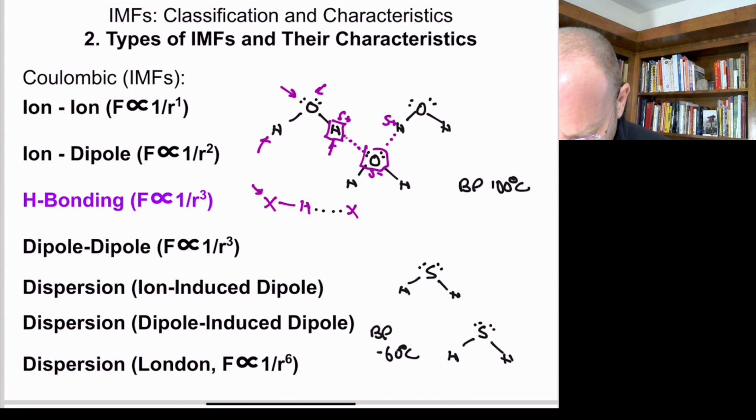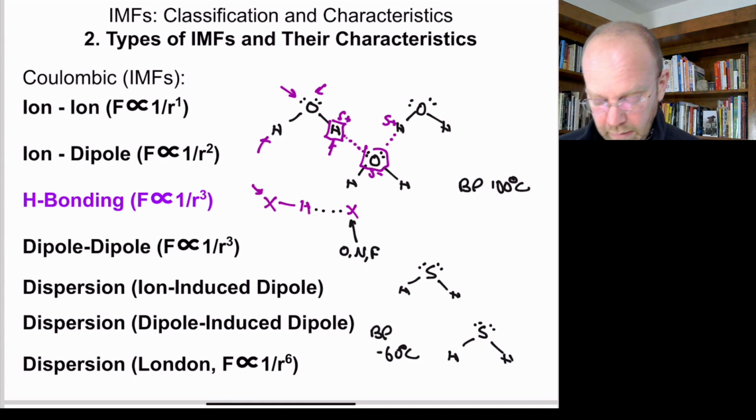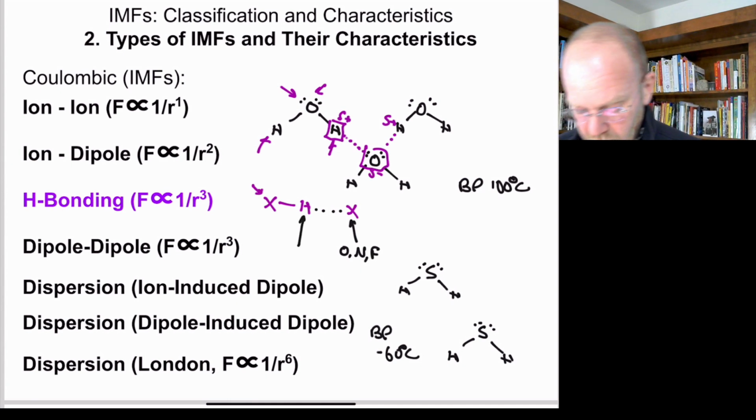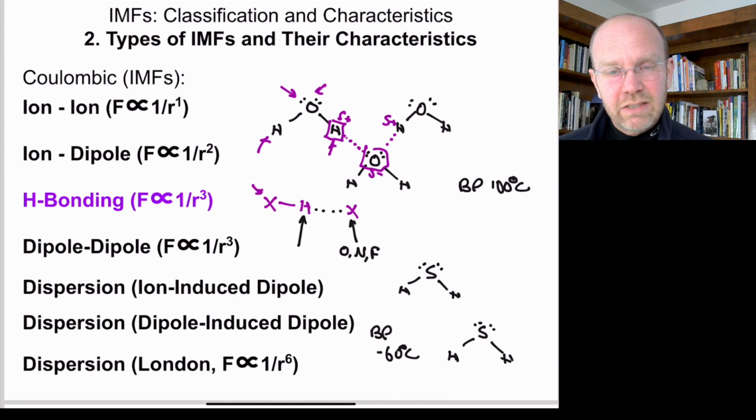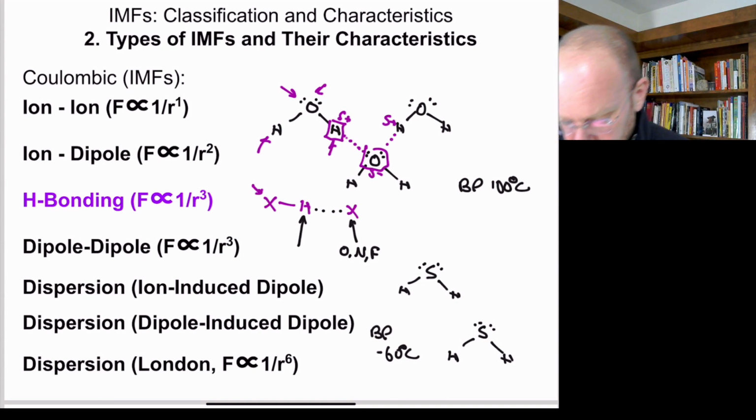This is the hydrogen bond I'm talking about. This atom X can be an oxygen, it can be a nitrogen, or it can be a fluorine, okay? This hydrogen right here, we call the hydrogen bond donor. It's the one forming the hydrogen bond. This element right here is going to have a partial negative charge. This hydrogen right here has the partial positive charge.